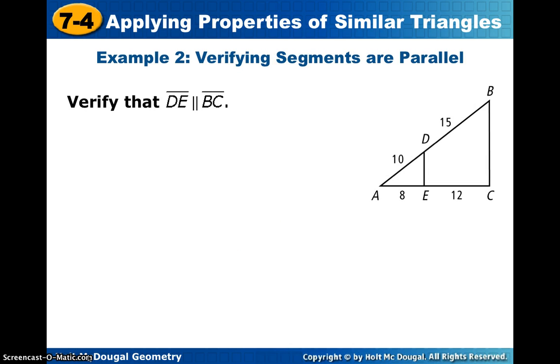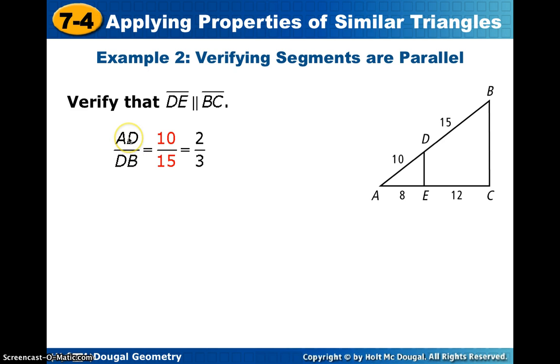Now, in this one, they've asked us to go the other way around. They did not tell us that these two lines are parallel. If they're going to be parallel, then we need to make sure that the sides are proportional. So we need to check one side. The pieces here would be the 10 and the 15, divided by the other side, the 8 and the 12, and see if they're equal to each other.